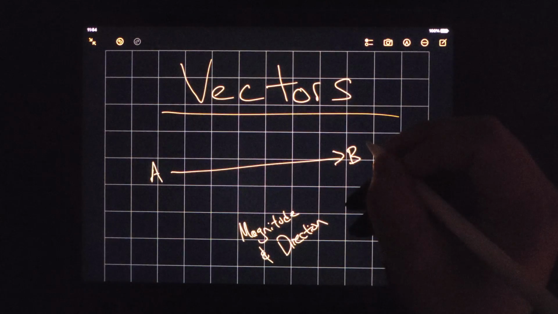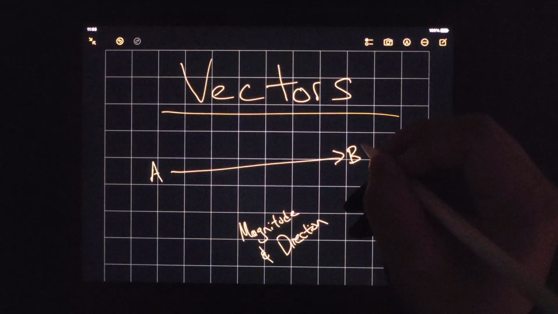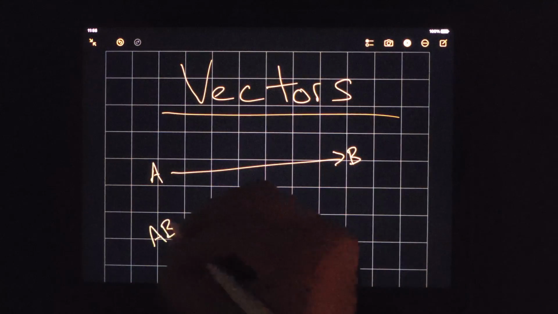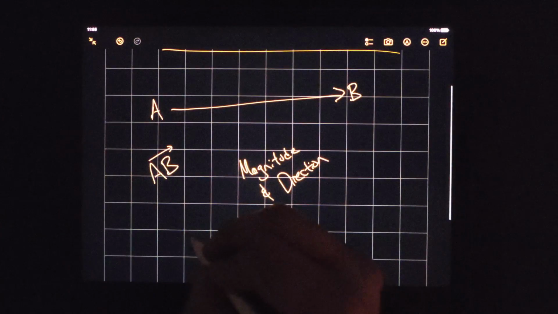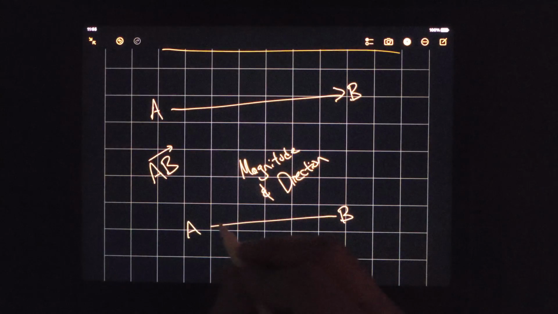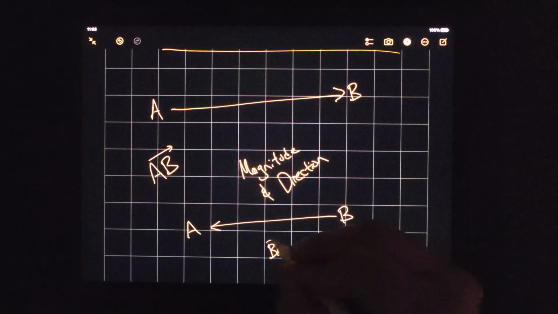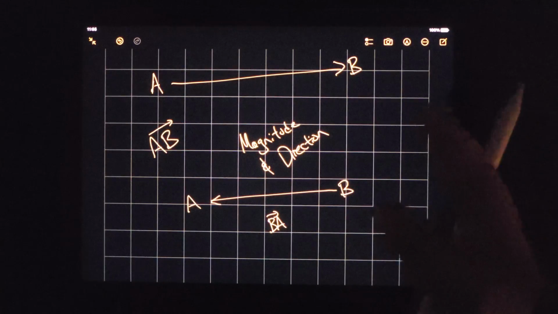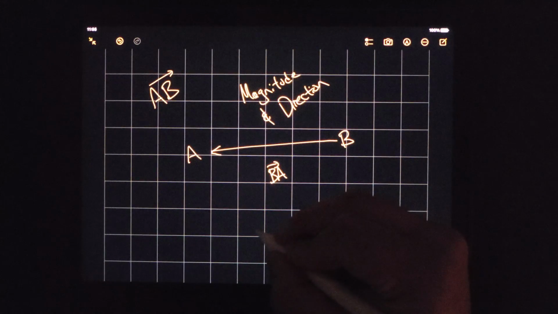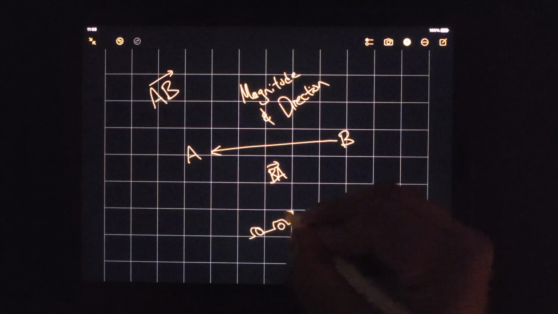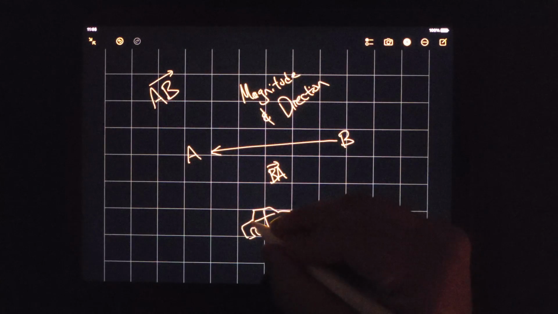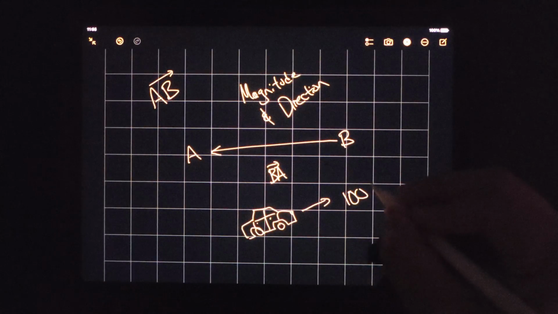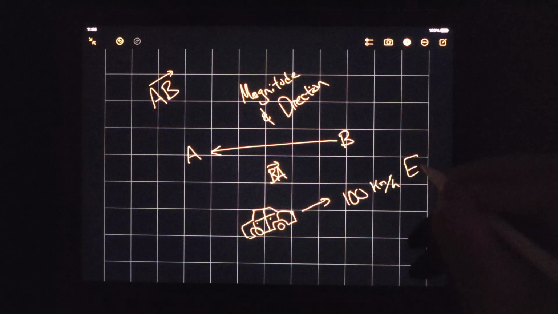So in our case here, we have A and B, and we have a vector that says it's going from A to B, east.